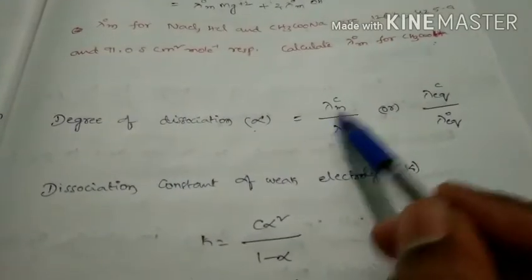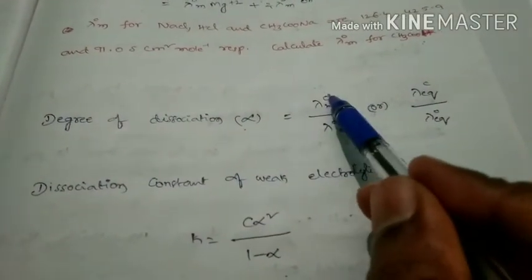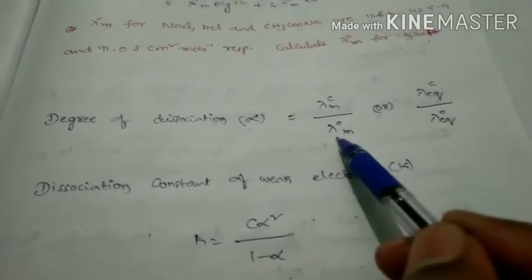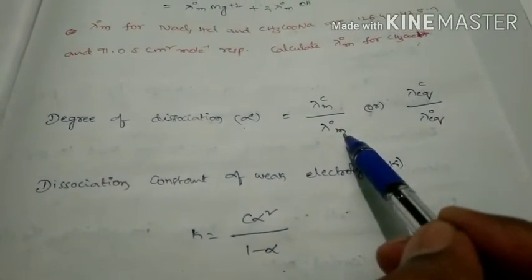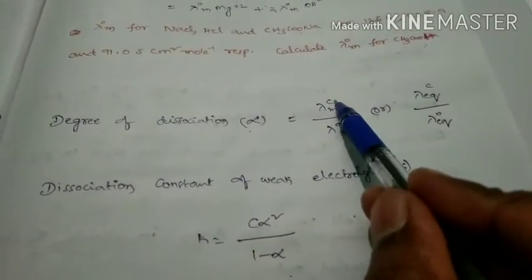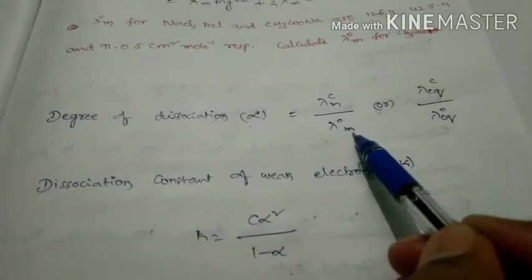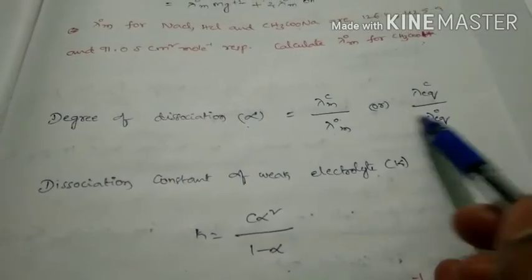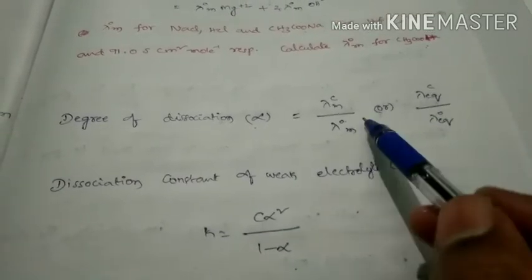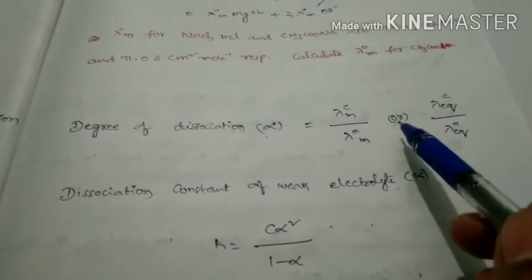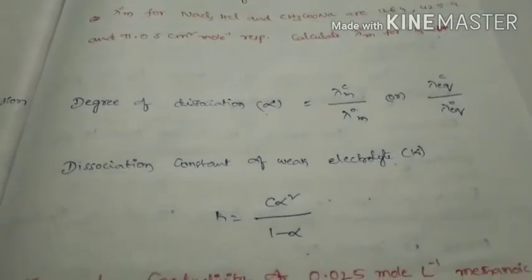Here, degree of dissociation is the ratio of molar conductance at a given concentration C to molar conductance at zero concentration, or equivalent conductance at a given concentration to equivalent conductance at zero concentration. Or here you can mention infinity. Both are the same at infinite dilution or zero concentration.